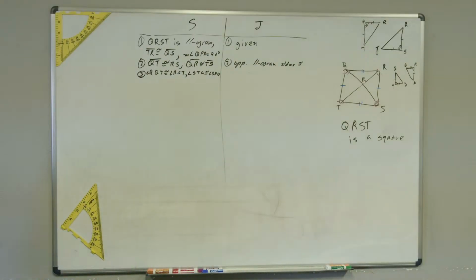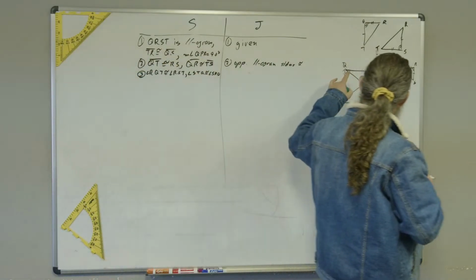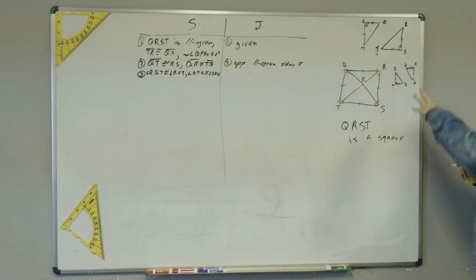Okay, so now what? We also know their diagonals are congruent to each other. Do we have any theorems with that? Have we used that? Because that's TR and QS, that we were told from the given. Do we have any theorems with that?